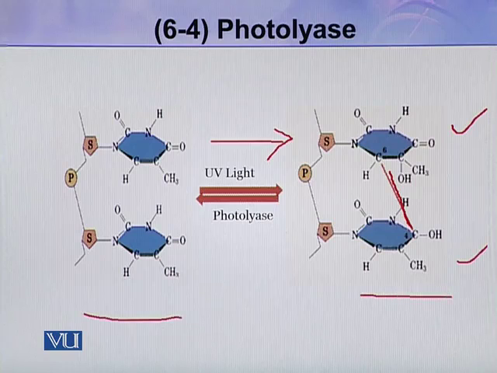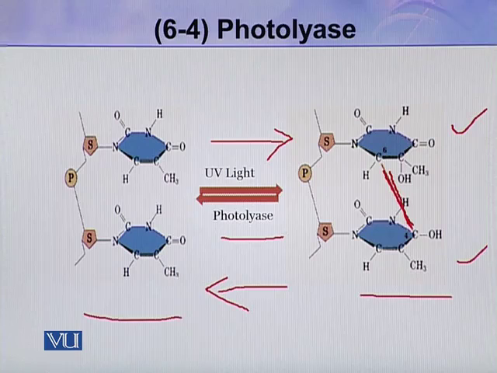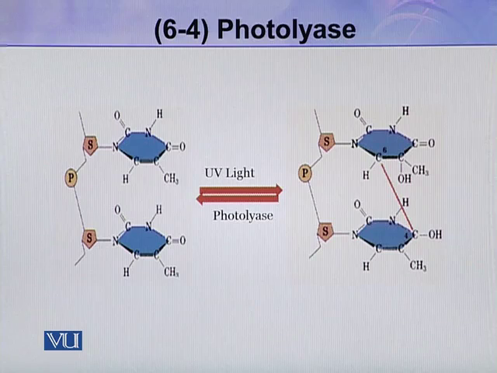And in the presence of 6,4 photolyase enzyme, this bond is broken, it is cleaved by 6,4 photolyase, and this damaged DNA can be restored as such. So this is the action of 6,4 photolyase.